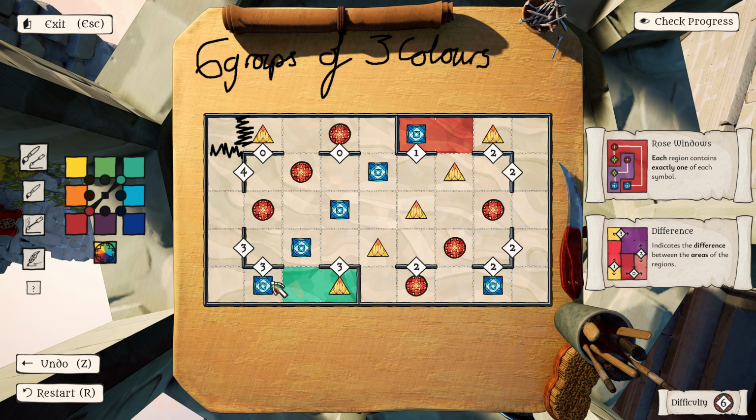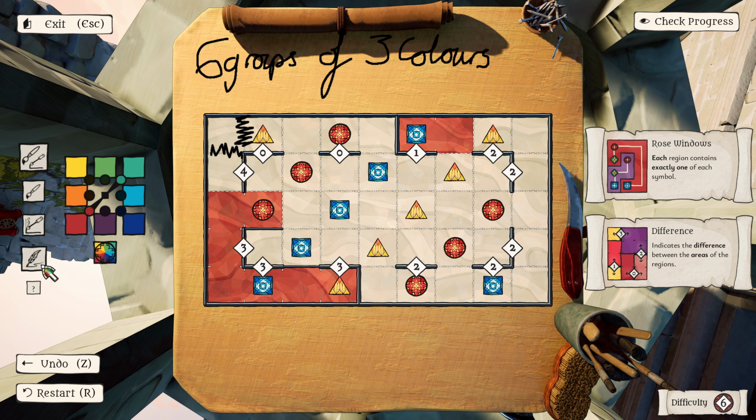Which means this blue cannot take this yellow, which means this blue must take this yellow because it can't reach any other yellow without going through a blue. And we can't get to any other red without going through this red. So that can't double back on itself because of the line rule. So that's going to get a line there.